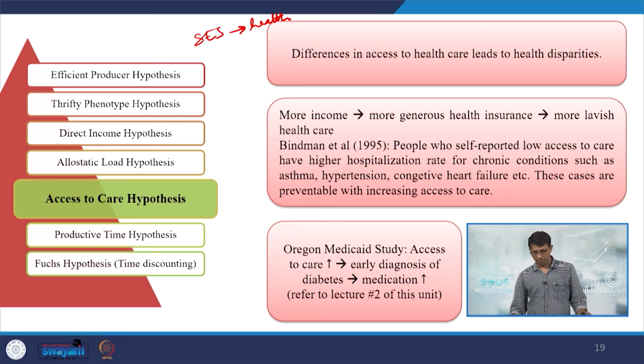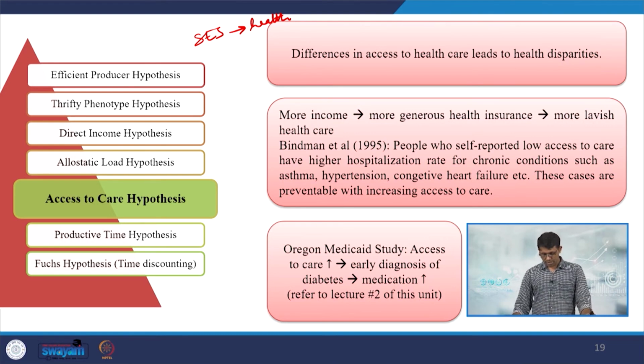In 1995, people who self-reported low access to care had a higher hospitalization rate for chronic conditions such as asthma, hypertension, congestive heart failure, etc. These cases are preventable with increased access to care.